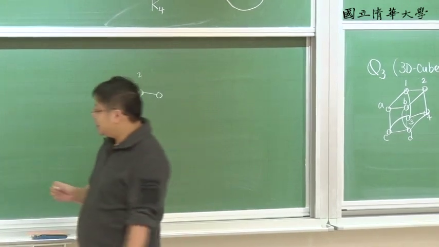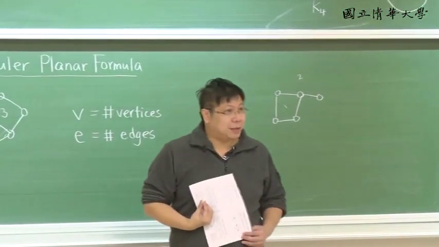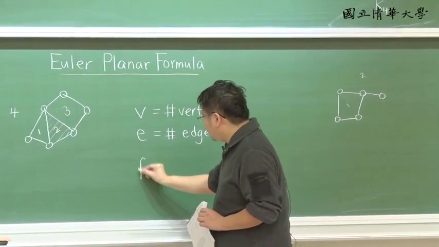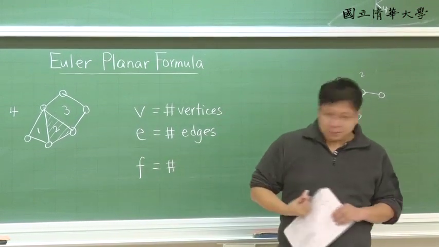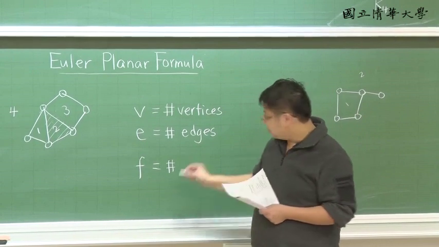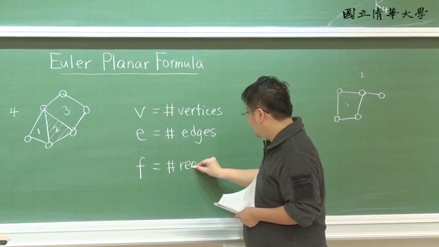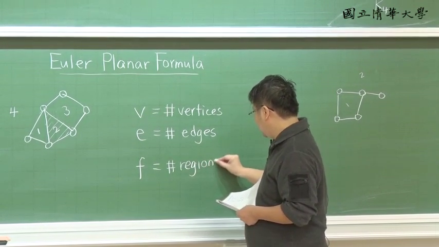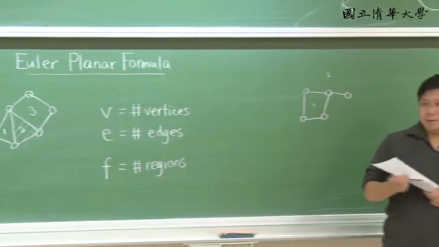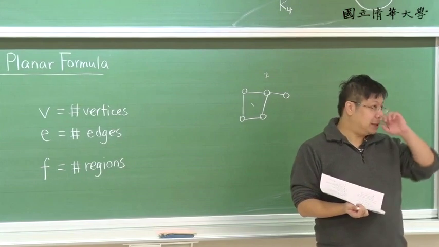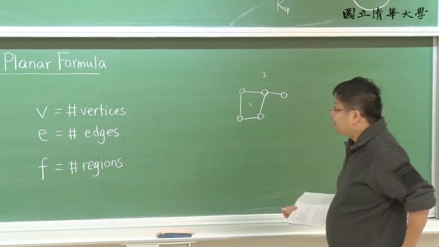So although region starts with R, I'm going to use F to represent the number of regions, because at the beginning, F stands for faces, number of faces. So you will see why we call it faces.